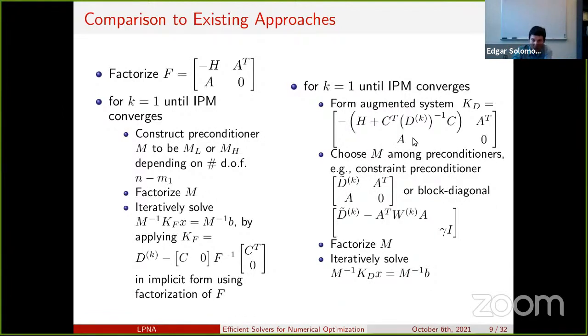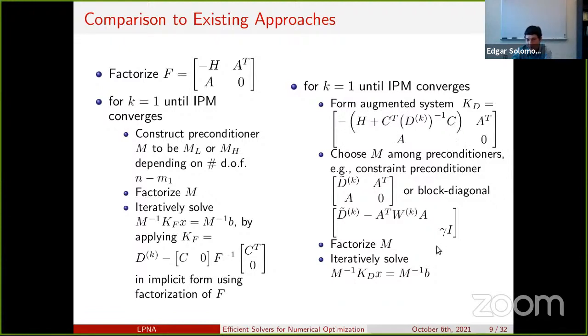While in the standard method, what we would do is, for example, form an augmented system and consider a preconditioner among choices that respect the block structure. Common among these are constraint preconditioners, which preserve the A blocks, so these off-diagonal blocks, and then use some diagonal matrix or block diagonal matrix approximation of this 1-1 block.